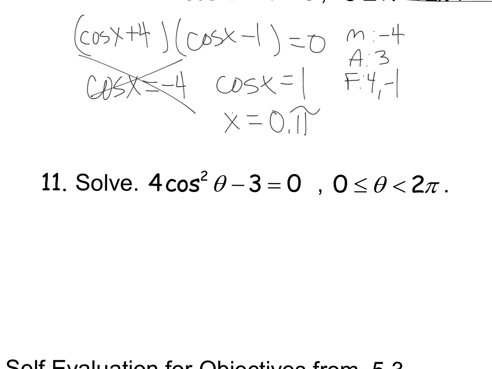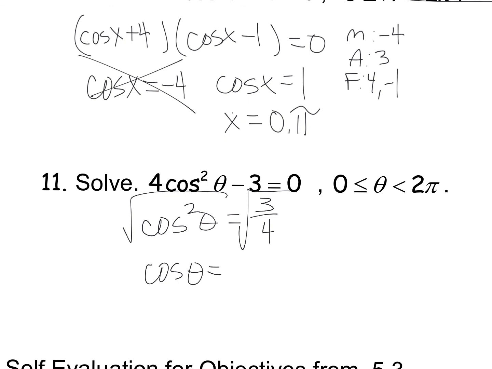Coming to number 11, add 3, divide by 4 first to get the cosine squared term by itself. And that would give us that right there. Square root: cosine theta equals, we get our plus or minus, square root of 3 on top, 2 on the bottom. So what rotation has an x value of root 3 over 2?